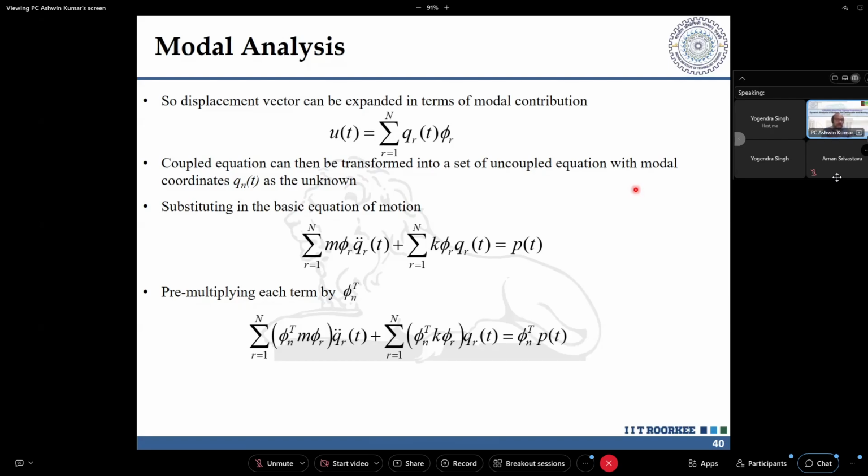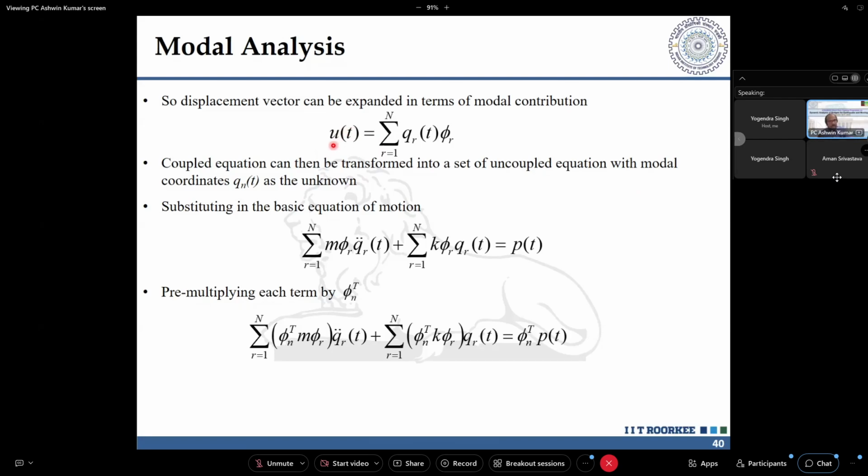What happens in modal combination is that, rather than solving the equation of motion directly using time history, with some time marching scheme, which will come later, what is normally done in a multi-degree of freedom system is this. We are solving the equation of motion with a matrix of mass, stiffness, and damping.